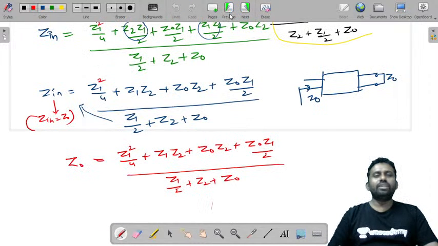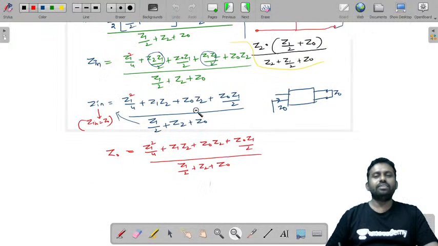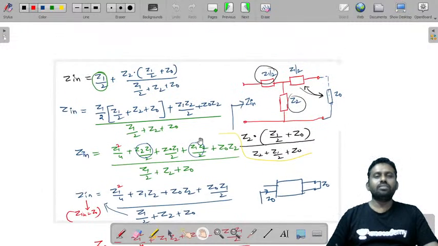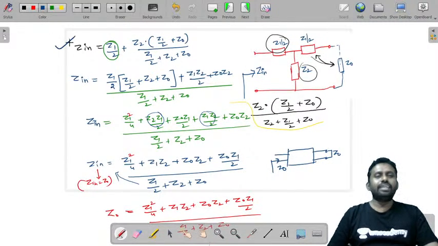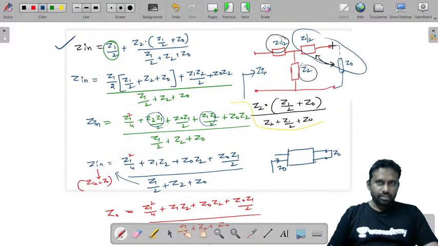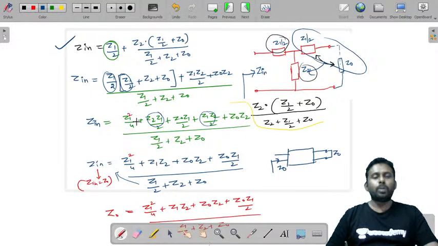So look at this. What have we done? We have considered this Z in this network wherein these two were in series and the combination was in parallel to this and this was in series to this. So when you multiply Z1 by 2 and Z1 by 2, you'll get Z1 square by 4. I had just written Z1 by 4. It is Z1 square by 4.